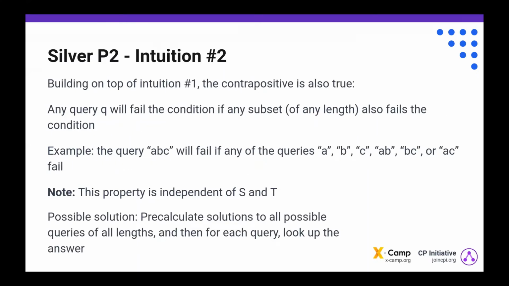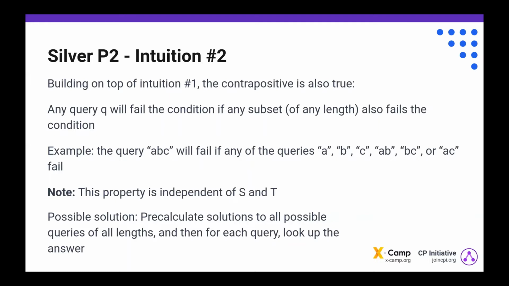Second intuition, contrapositive is also true. Contrapositive basically means, well, you'll see what it means. Any query Q will fail the condition if any subset also fails the condition. Example, query ABC will fail if any of the queries A, B, C, AB, BC, or AC fail.